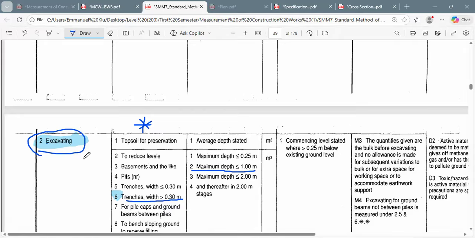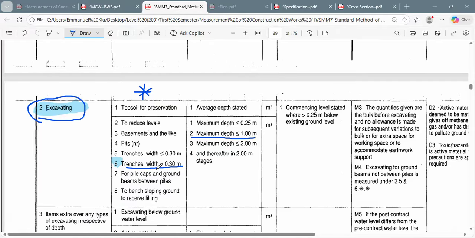We are going to say excavating trench width, because the kind of excavation we are doing is trench. It's the width we want to be specific about. So excavating trench width greater than 0.30 meters. Okay, greater than 0.30 meters.